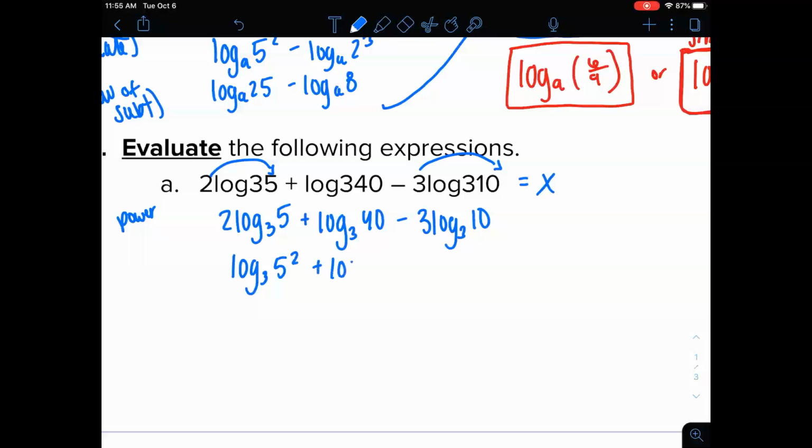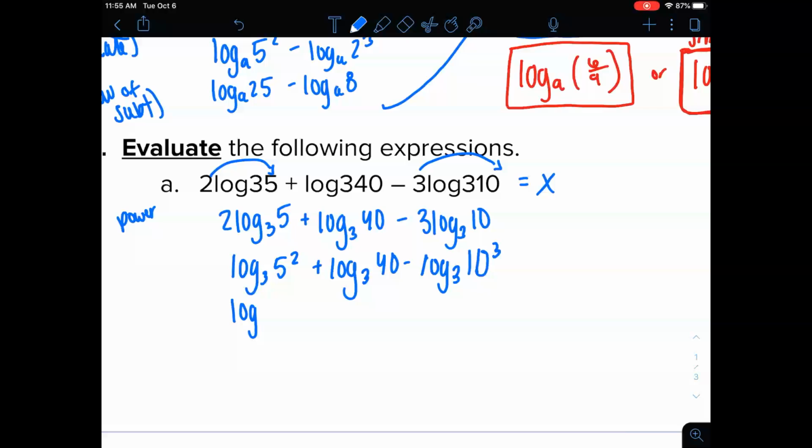Those exponents are still going. So I have 5 squared plus log base 3 of 40 minus log base 3 of 10 cubed. And similar to our other problem, we're going to actually plug in and solve for those values.